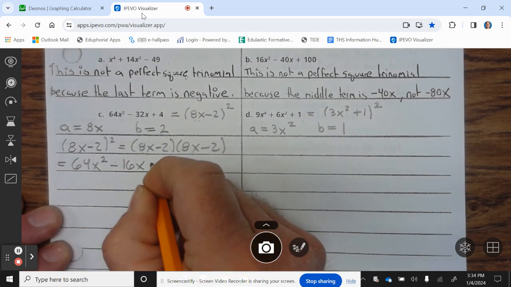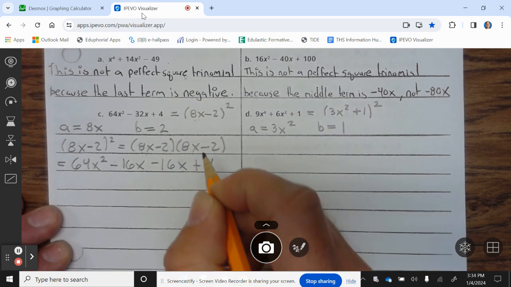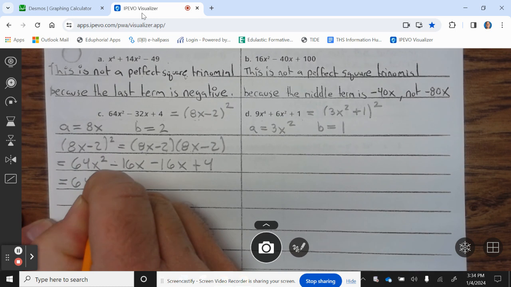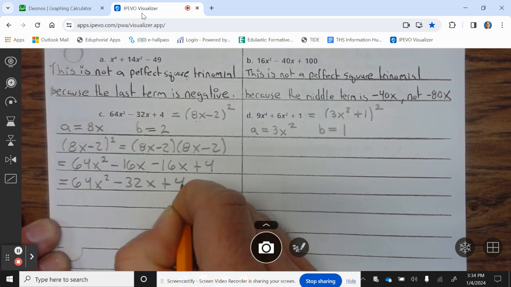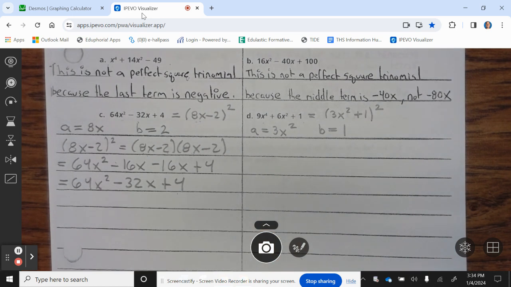Negative 2 times 8x is negative 16x. Negative 2 times negative 2 is a positive 4. So that simplifies to be 64x squared minus 32x plus 4. So you can see that this is a factor of this.